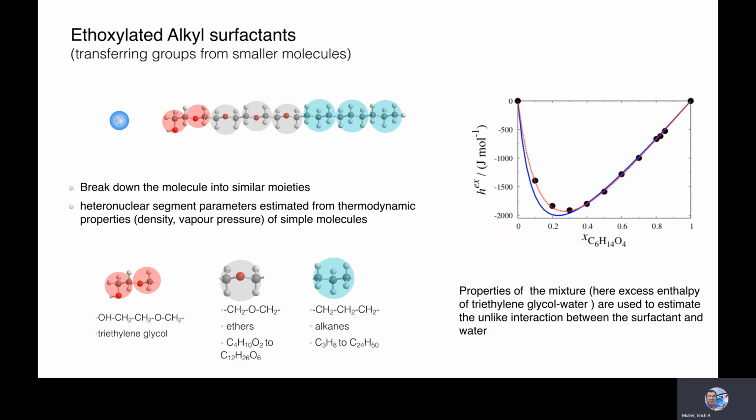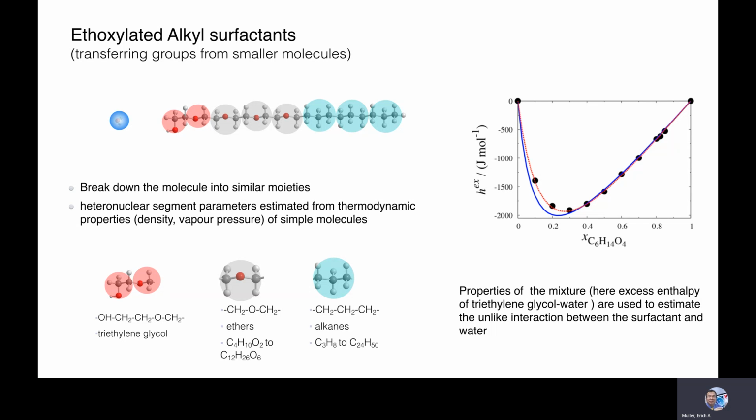And the end group, which is basically a glycol group, we fitted to the properties of triethylene glycol. And what we did was assume, and here's a leap of faith, that by joining these groups, the resulting molecule would have the correct behavior.